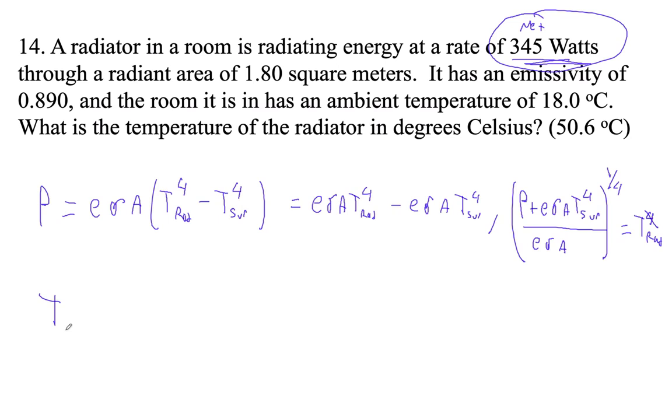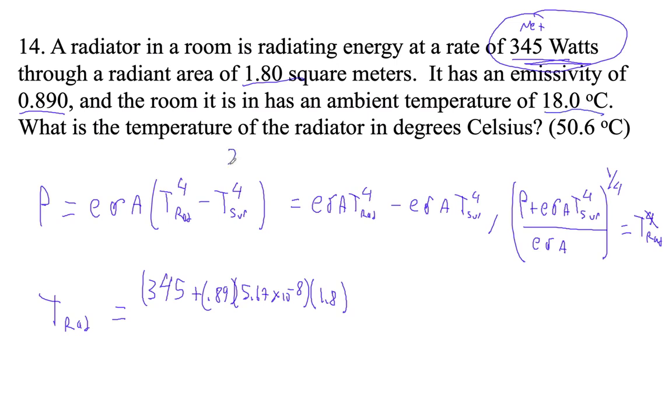The temperature of the radiator is equal to the power, which is 345, plus emissivity 0.89 times sigma 5.67 times 10 to the minus 8th, our area is 1.8 square meters, and then the temperature of the surroundings, which is 18 Celsius.